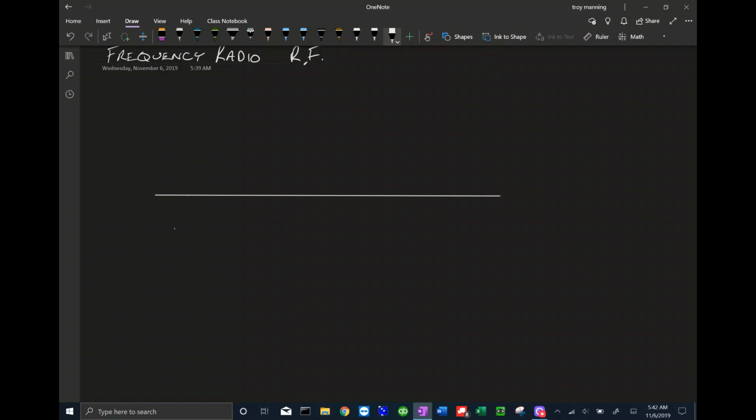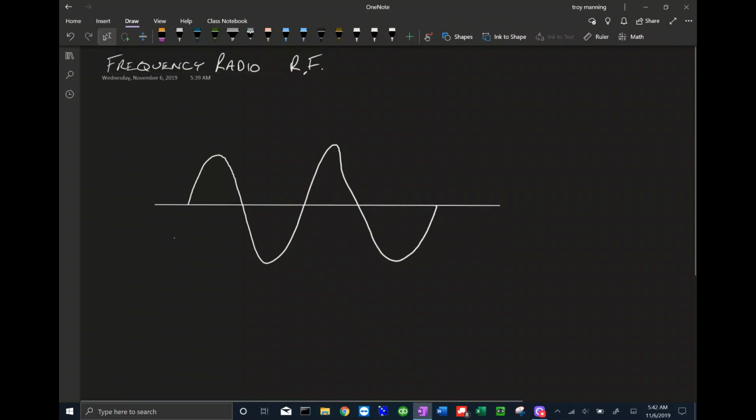Our frequency is going to be a signal that we send down this line. And normally they're the same shape and everything, but if you're like me and can't draw worth a crap, making drawings is one of the funniest things you'll ever do on the internet, because wow, I can't.